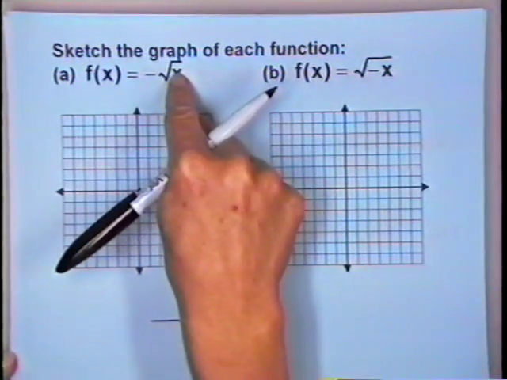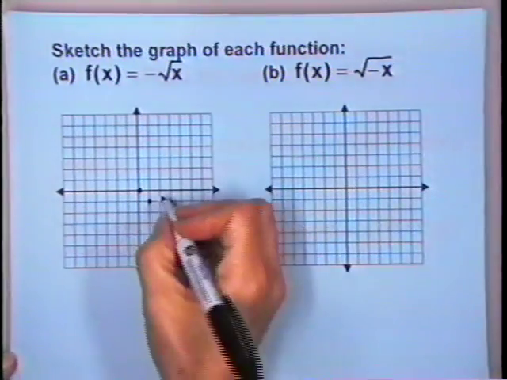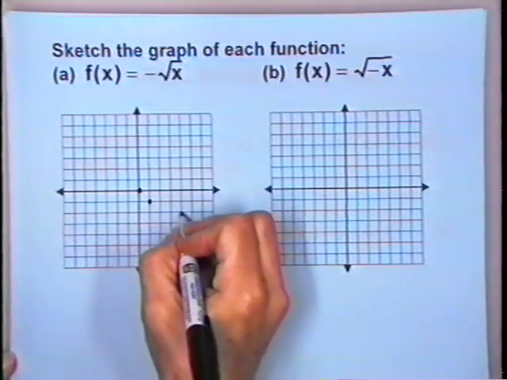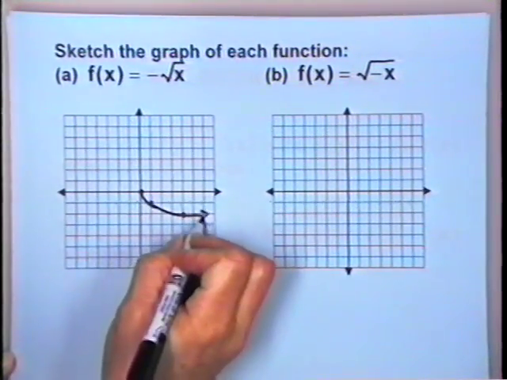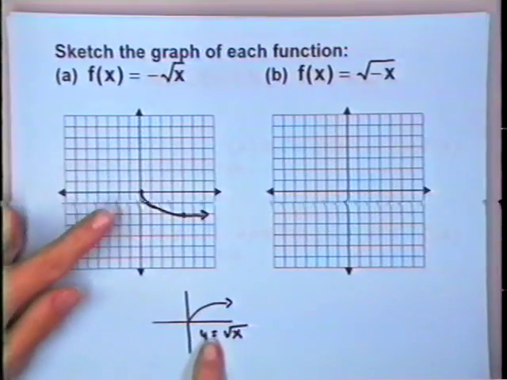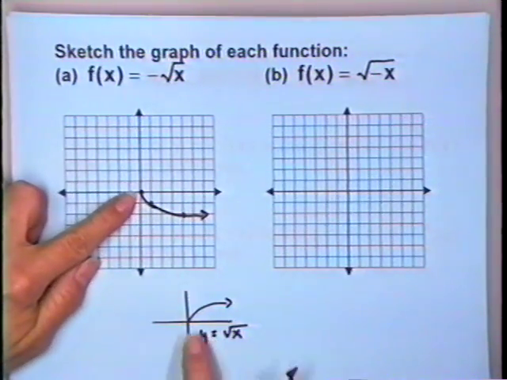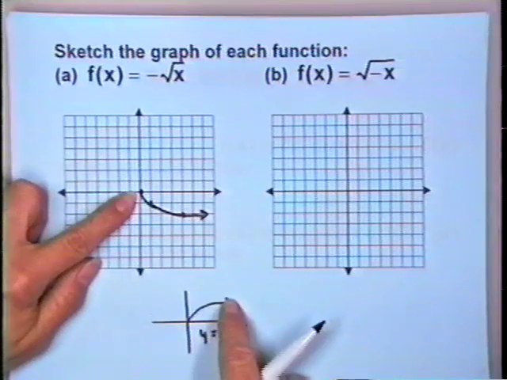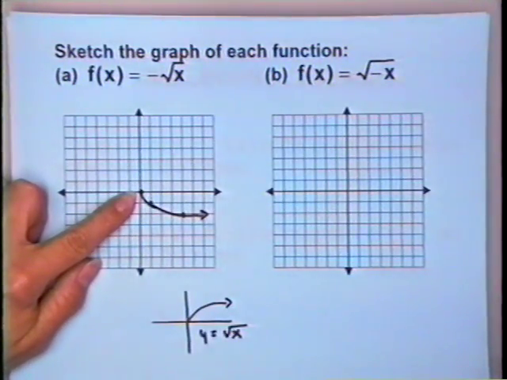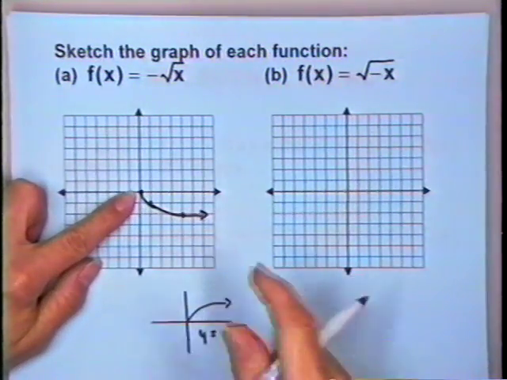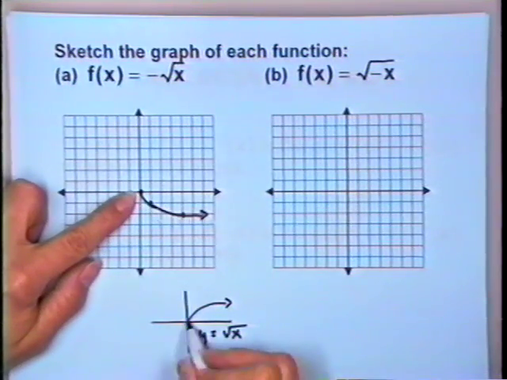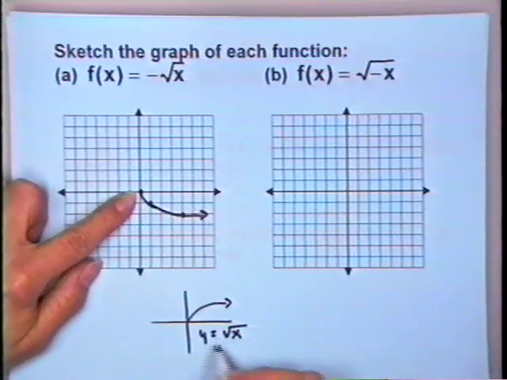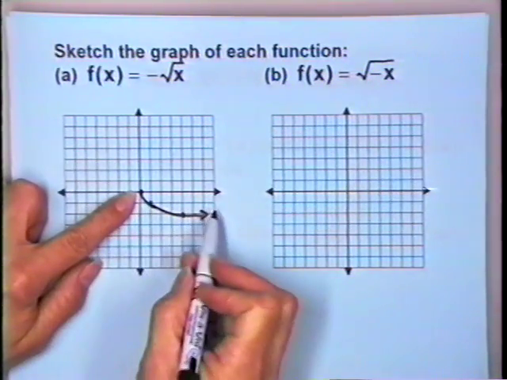Whenever x is 4, we're looking for the negative square root of 4, which would be negative 2. And if you continue with some other points, you're going to have this graph right here. Now, I want you to compare these shapes. This graph and this graph are reflections of each other in the x-axis. In other words, if I took this graph right here and reflected it in the x-axis, I would have a mirror image down here, wouldn't I? And that is exactly what this graph looks like.